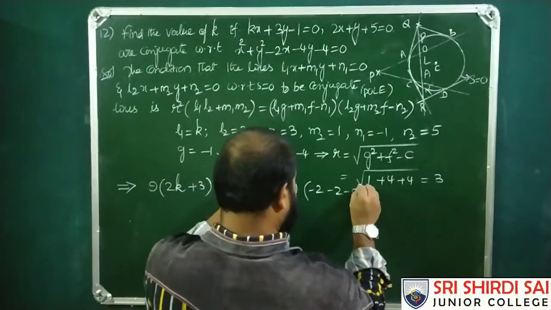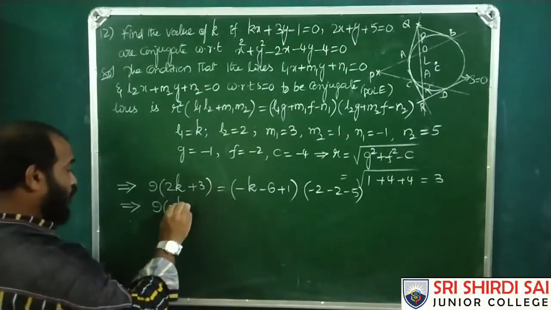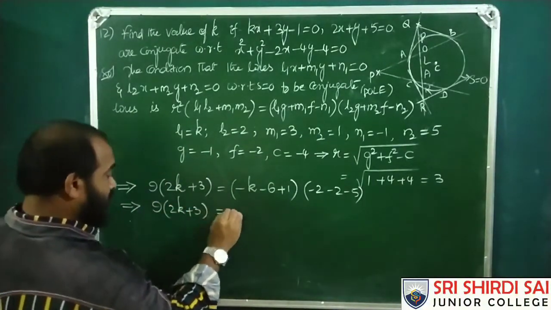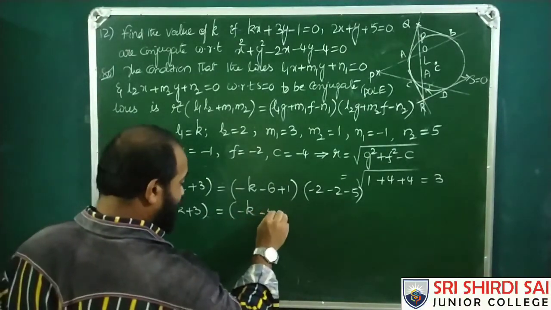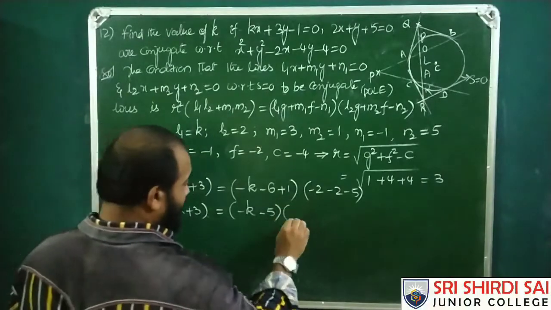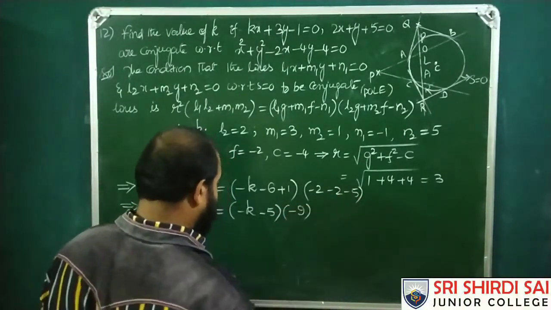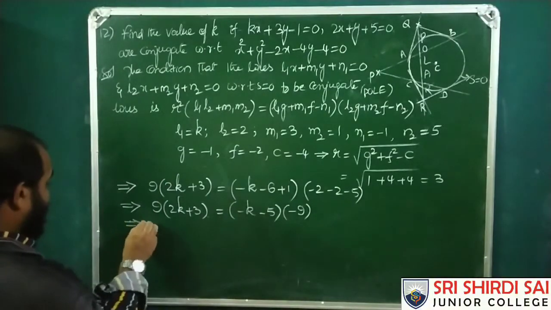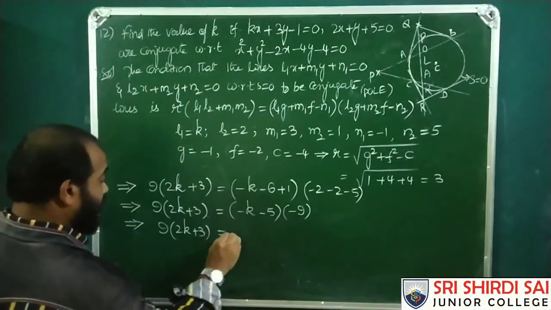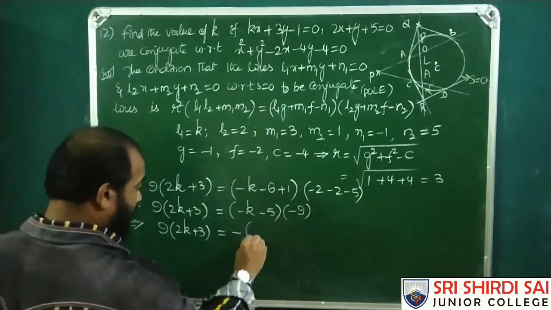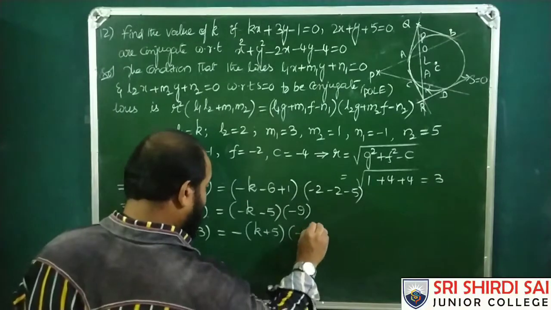minus 5. So this is equals to 9 into (2k plus 3) is equals to, this is minus k minus 5, this is minus 2 minus 4 minus 5. So totally this is minus 9. So 9 into (2k plus 3) is equals to, take minus as a common, (k plus 5) into minus 9.